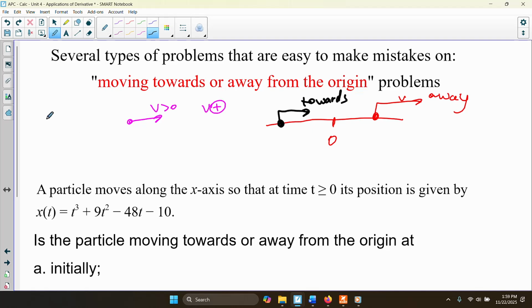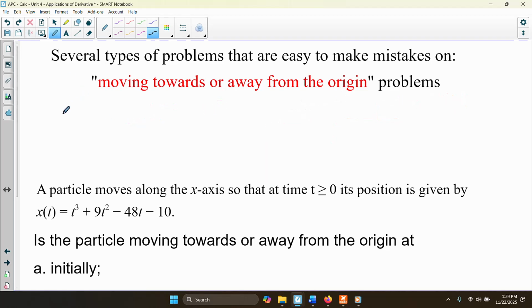So it is a two-prong test, a two-factor test, whichever way you want to phrase it. As somebody in class said, it's a double test. You're checking for two conditions: velocity, whether it's positive or negative, and position, whether it's positive or negative, meaning what side of the origin you're on.